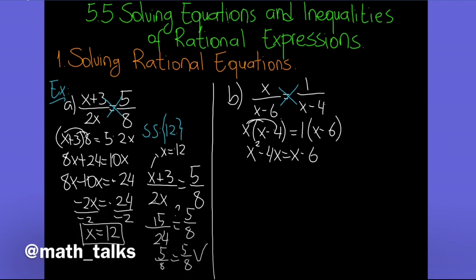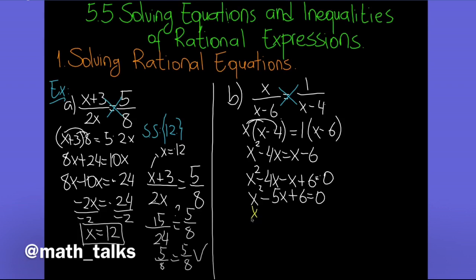Because I have x squared, you have to move everything to the same side, because later we need to factorize. x squared minus 4x minus x, because I move this x to the left side, plus 6 equals 0. Now x squared minus 5x plus 6 equals 0.